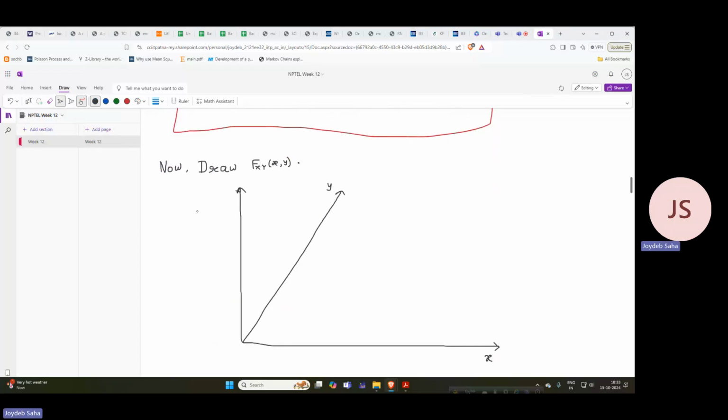This is f of xy. Okay. Now let us try to draw it. After a certain time it is becoming 1, right? So this value is 1.